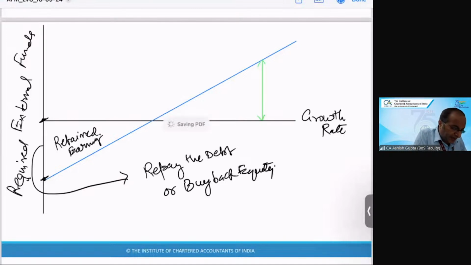As the growth starts, we shall start using our retained earning.